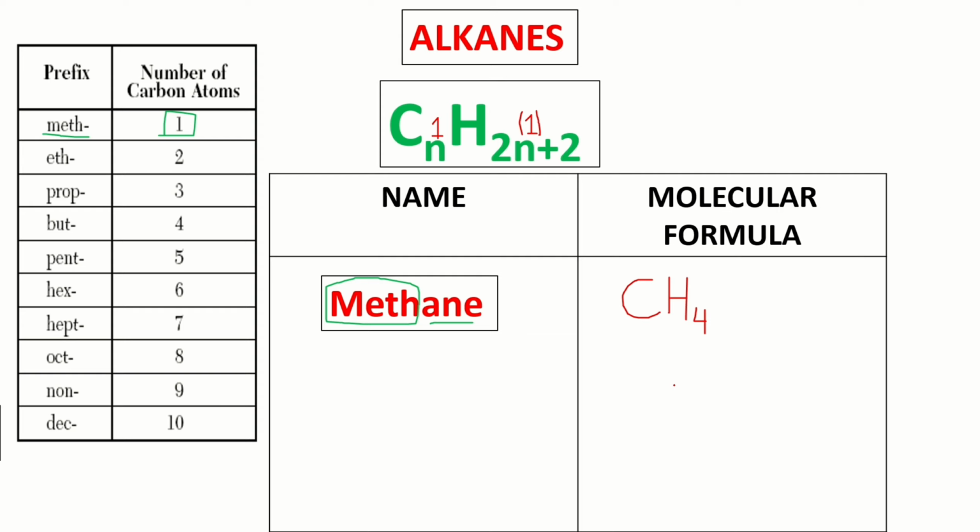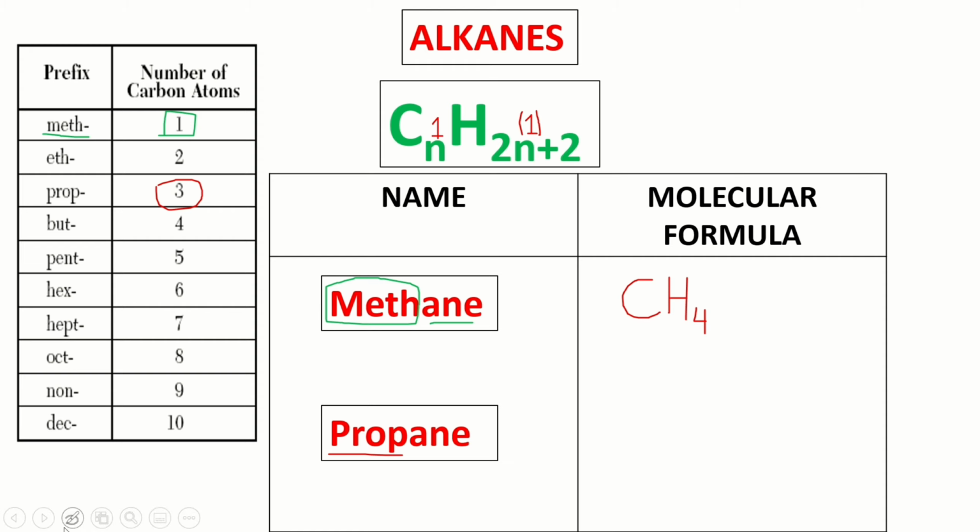Let's have another example. Propane. Check the prefix. We have here prop, and it means we have 3 carbon atoms. Using the formula, substitute number 3, and another 3 here.